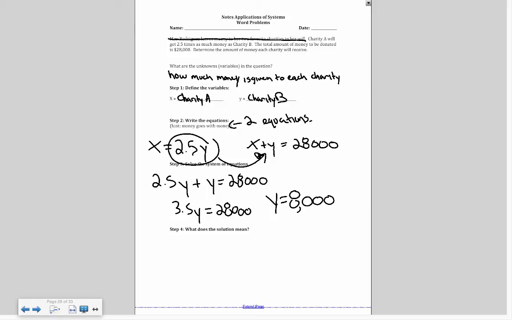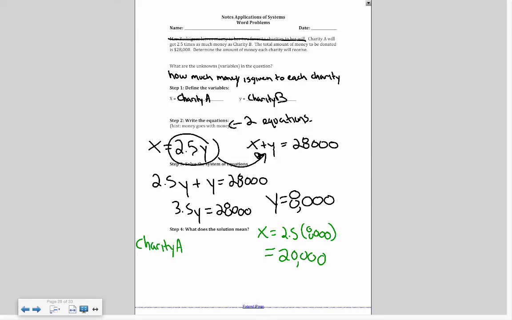So now I have to figure out my X. So I'm going to take this X and I'm going to go, all right, that's 2.5 times 8,000. So my X is going to be 20,000. So what does the solution mean?